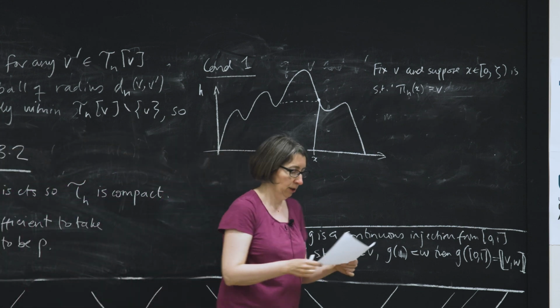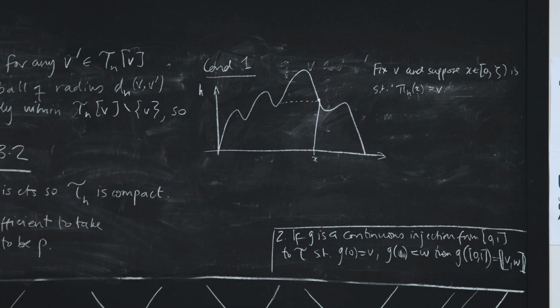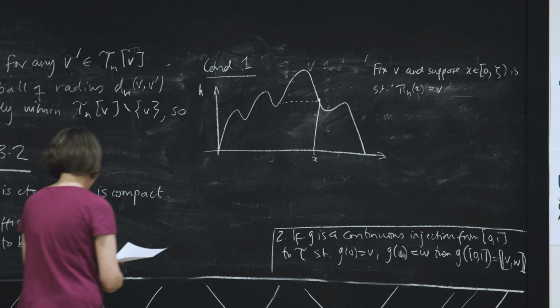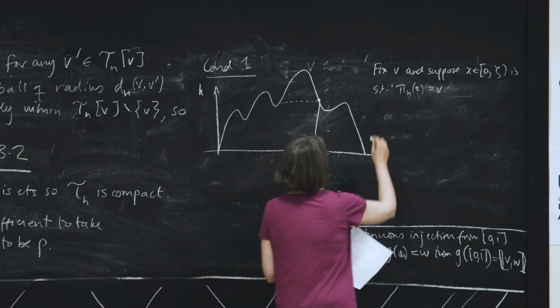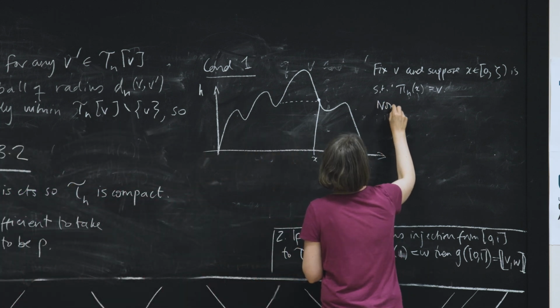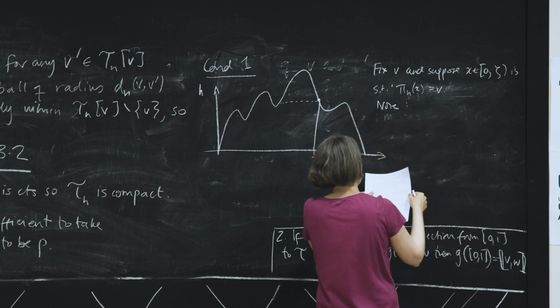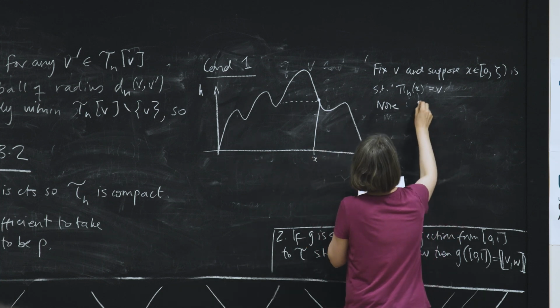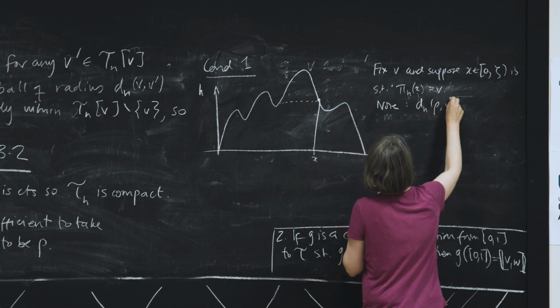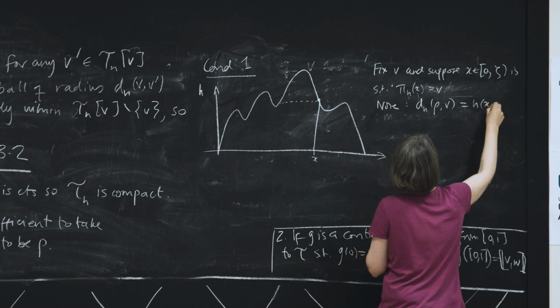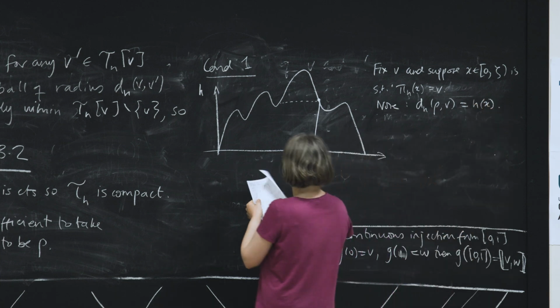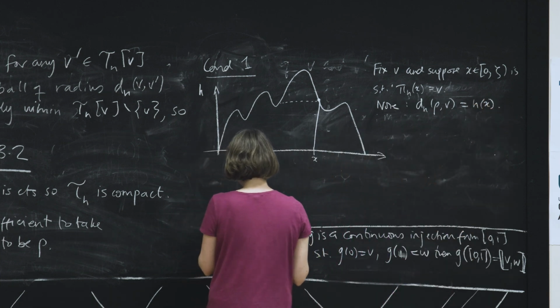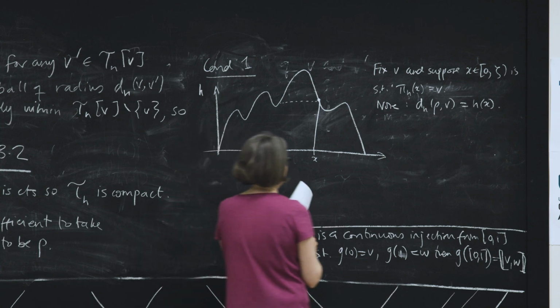Because it's at distance 0 under my pseudo-metric. So note that the distance from rho to v is then precisely h of x. So now let me make a definition.